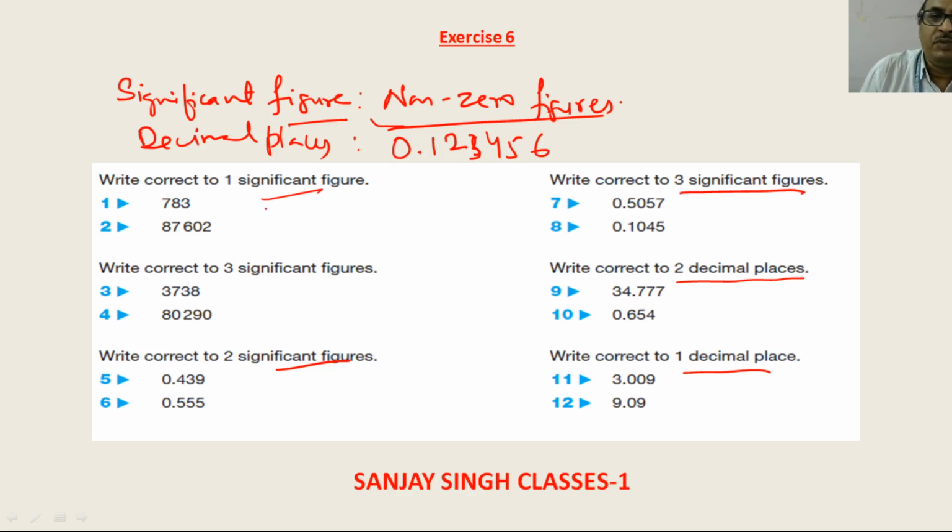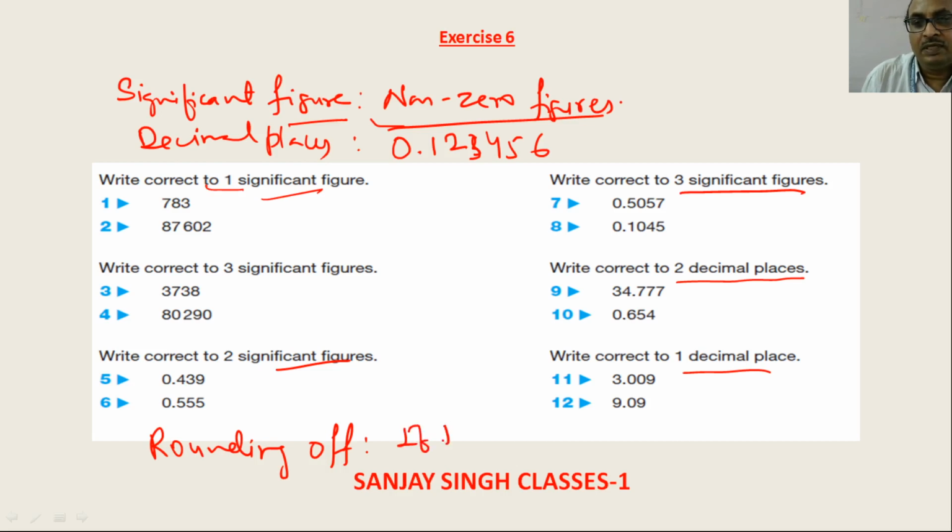Now if it is given to us, write correct to 1 significant figure, what is required is one more thing, called rounding off, which is very important.